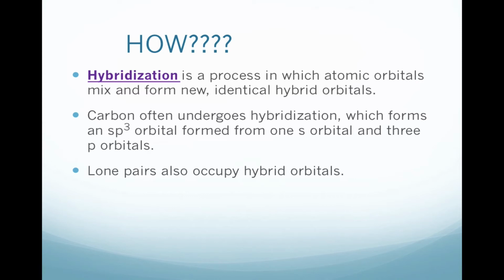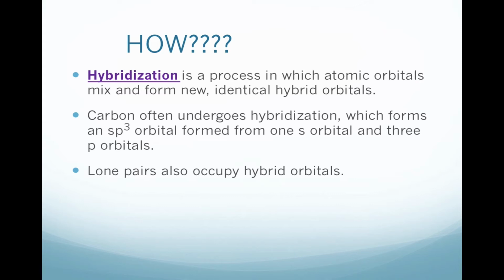You've noticed that the atoms that are covalently bonded arrange themselves in space around the central atom. What is happening is a process called hybridization. Atoms do this to lower the energy levels they need in order to form covalent bonds.